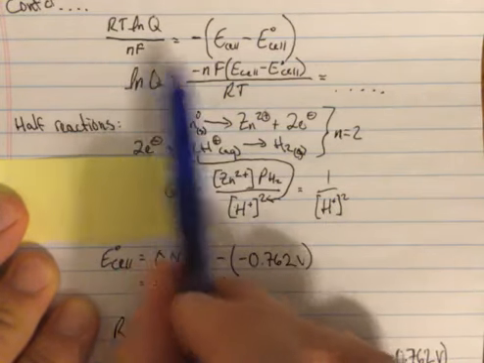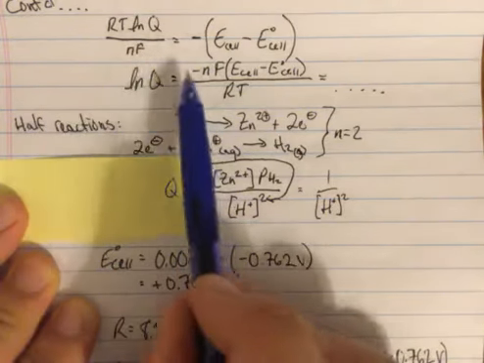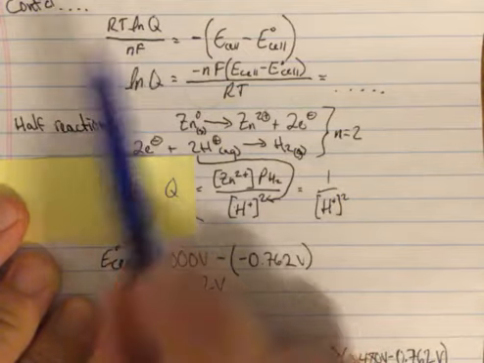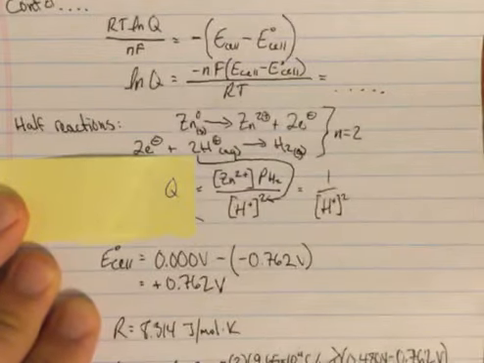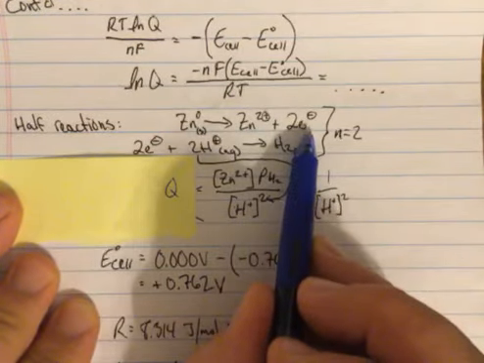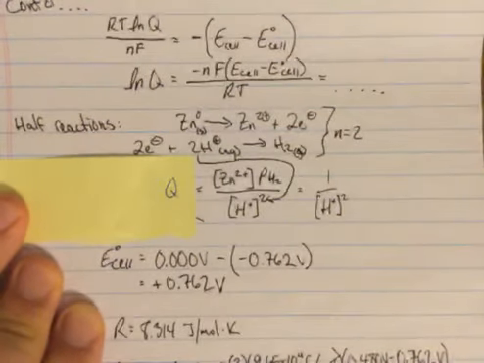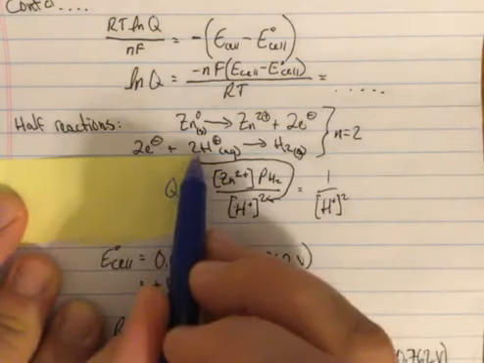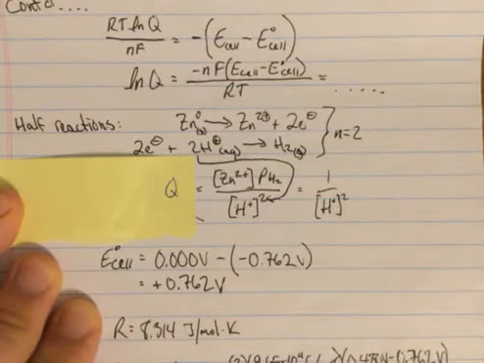Multiply both sides by the count of electrons times Faraday's constant, divide both sides by R and T. That's how I got to this equation, just by some algebraic manipulation. There are two electrons being passed over. Again, zinc is going to be the reducing agent, and H plus is going to be the oxidizing agent. Notice how that 2 is the coefficient where H plus is, so that's going to be the exponent.